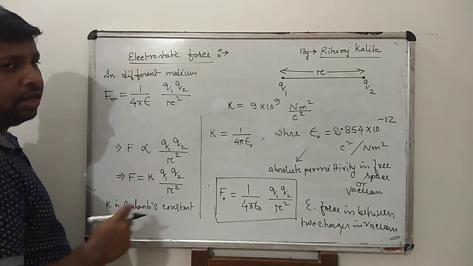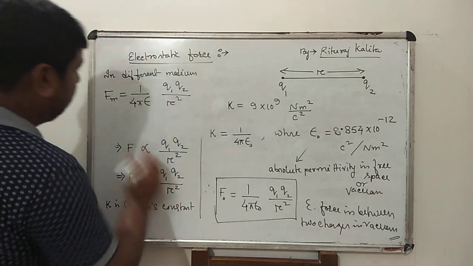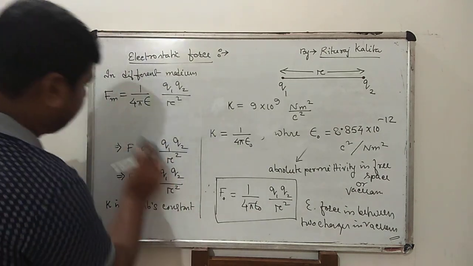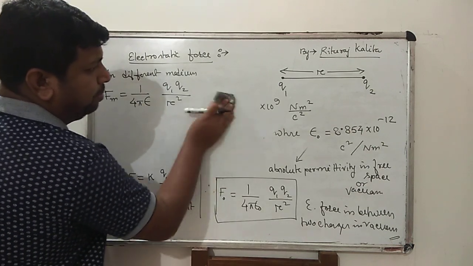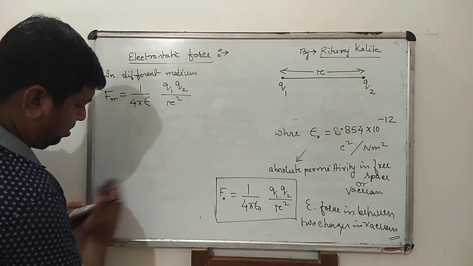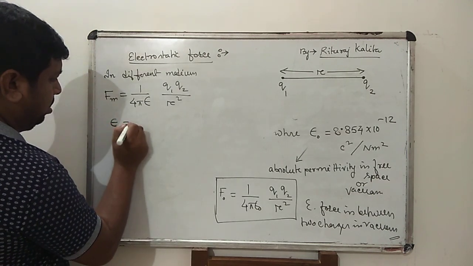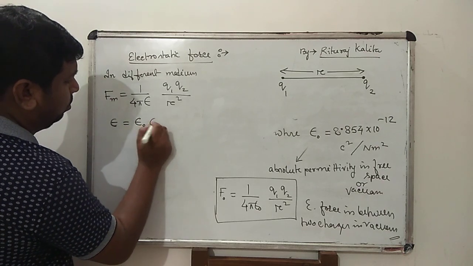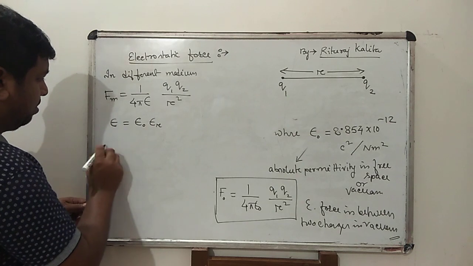Here epsilon is equal to epsilon naught into epsilon r.